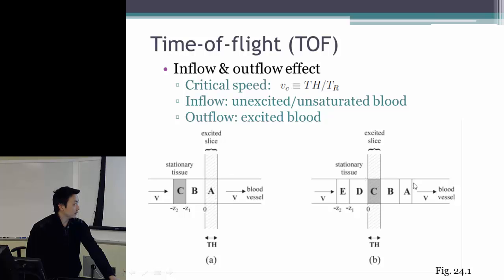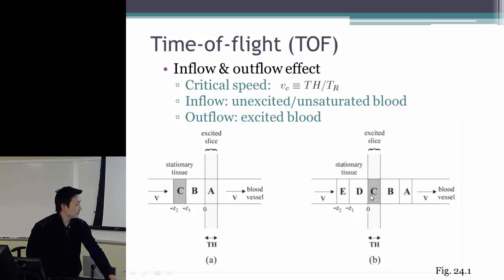and then after the excitation, we can see that the signal of the static tissues will decay, right? As the FID in terms of T2 star. So it will decay, but it still has signal. But then the blood itself will move forward.